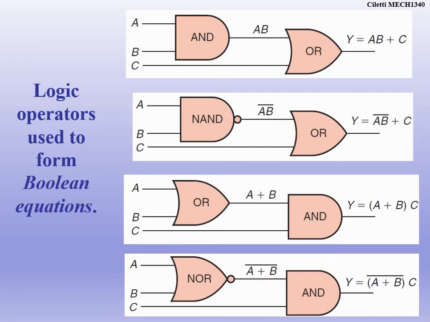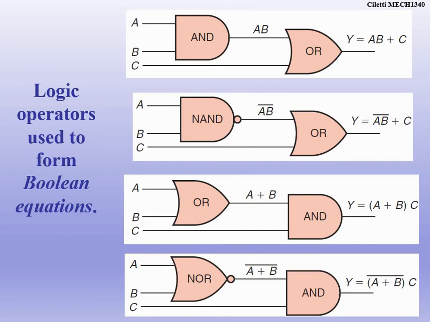So we rewrite the output of that AND gate as AB, and then that AB is going into an OR gate, and so is C. C is also going into the OR gate. So our final expression or equation would be Y equals AB or C. You write it as AB plus C, but you say it as AB or C when you go through that.